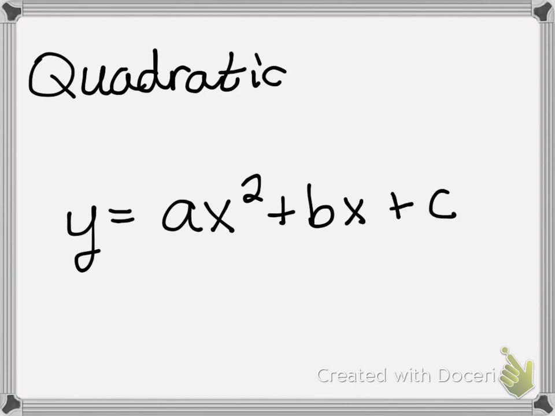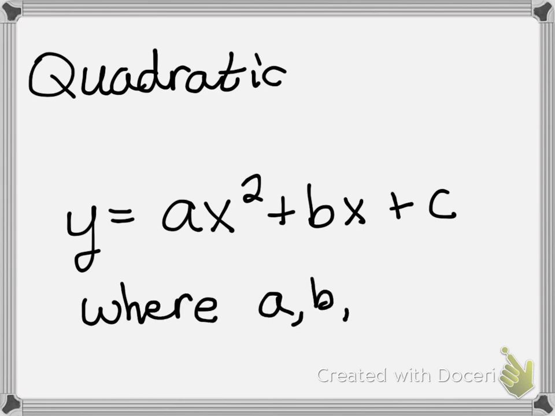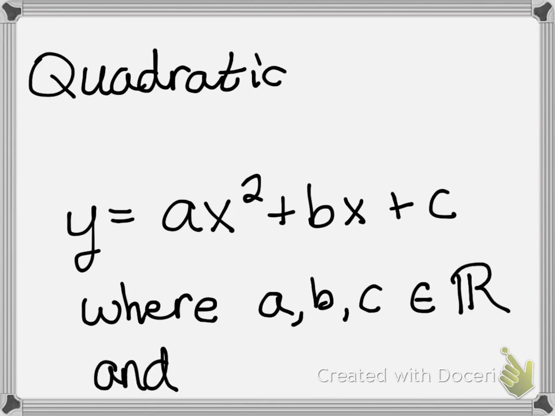Ax squared plus bx plus c. And this notation means that the variables a, b, and c are in the set of real numbers. They can be anything. And in order to be a quadratic, a cannot equal 0, because otherwise it's linear then, which we talked about before spring break.